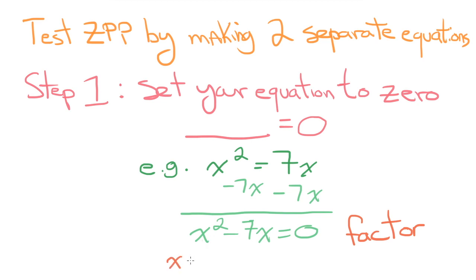So I would factor out an x and then make this x times (x minus 7) equals 0. So far, so good. That's step 1: setting things to 0. You want to make your equation equal 0. Sometimes you might even need to do a little bit of factoring. Because now we know x times this thing in brackets is going to equal 0.